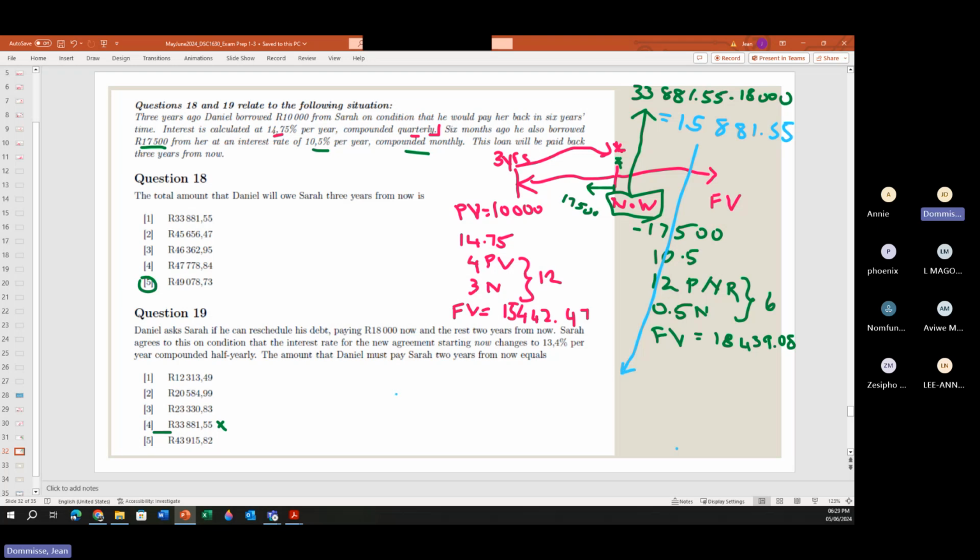That amount now we need to pay interest on, which is paid at 13.4% per year, compounded twice a year for 2 years.